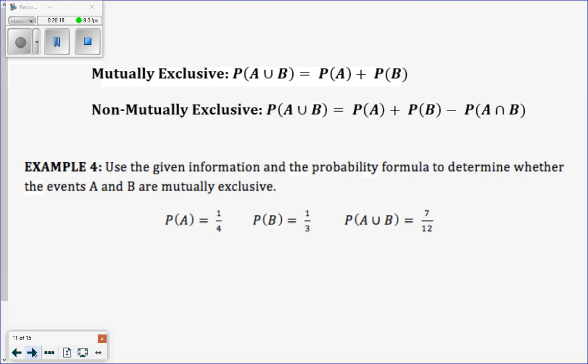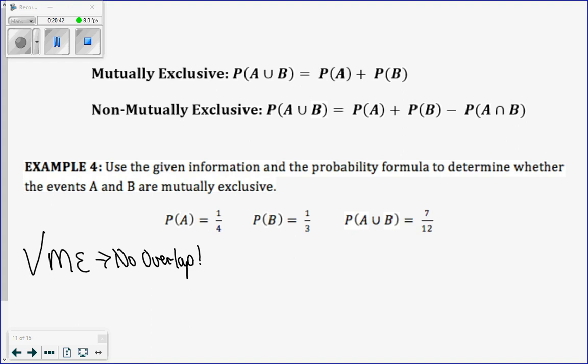Okay, so I just put the formulas back at the top, but I'll show you how to do this with formulas, and I'll show you how to do it without. So use the given information on the probability formula to determine whether events A and B are mutually exclusive. Okay. So if they are mutually exclusive, that means no overlap, right?